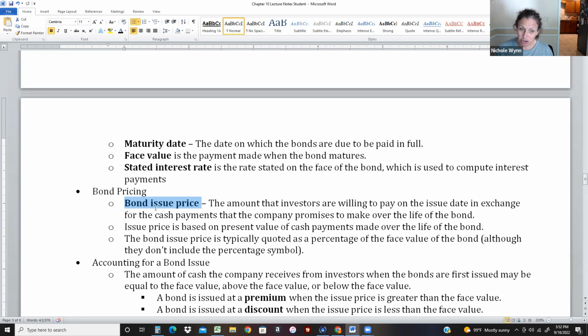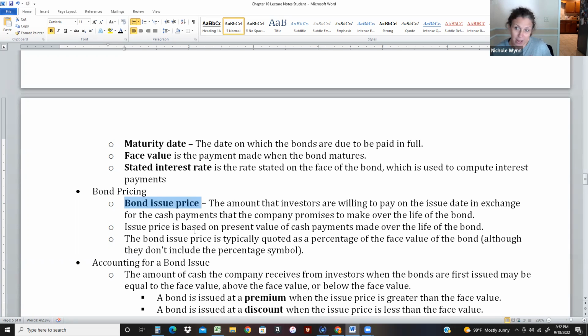The issue price is the $1,000 if it's at face value, but sometimes bonds sell for a premium or a discount. That's when a bond is not valued properly in the market. My bond paid 8%, and you were like, cool, I'll buy your bond.